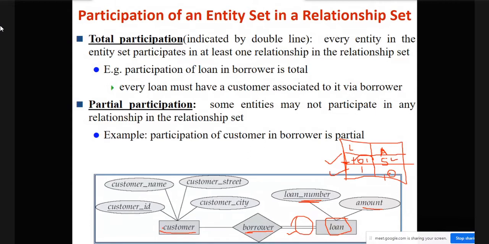So the remaining 54 students have not borrowed any loan from the bank. Those 54 students are not participating in this borrower relationship. Only those 10 students are participating in the borrower, and the remaining 54 are customers of the bank, but not participating in the borrower.